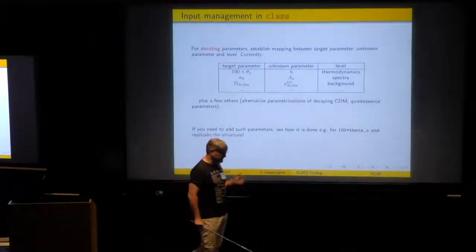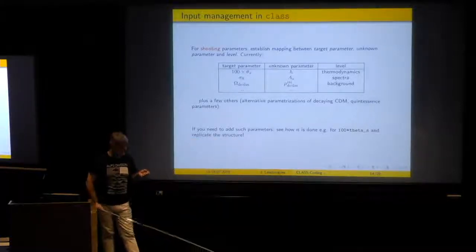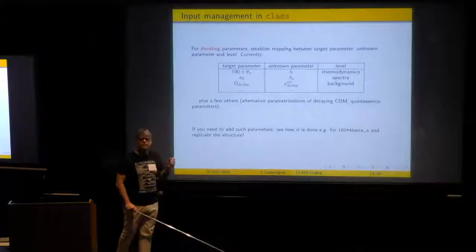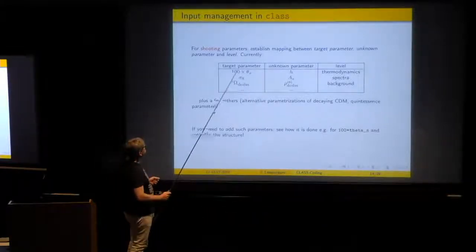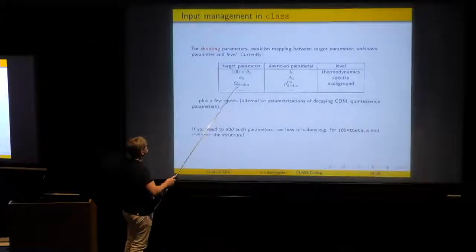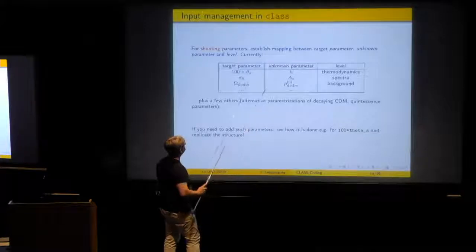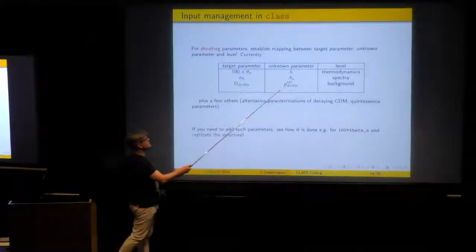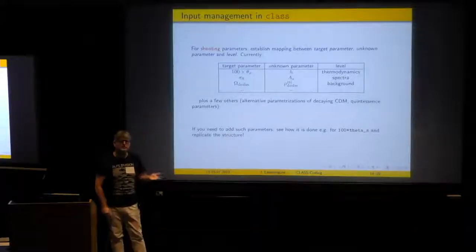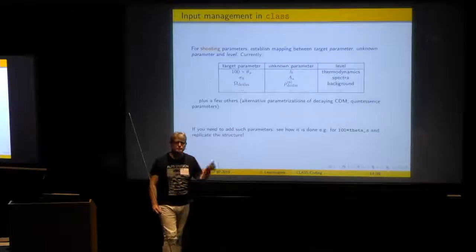And usually the shooting works even if you don't call the whole CLASS, and even if you don't use the full precision of CLASS. So for instance, if I want to find the initial value of decaying dark matter that gives me the correct omega dark matter, I'm going to try many values of this, but why should I compute the Cls? It's irrelevant. I only need to go through the background module.